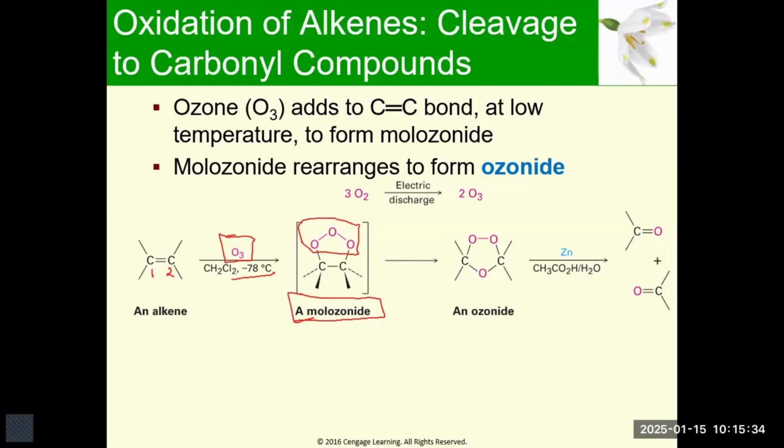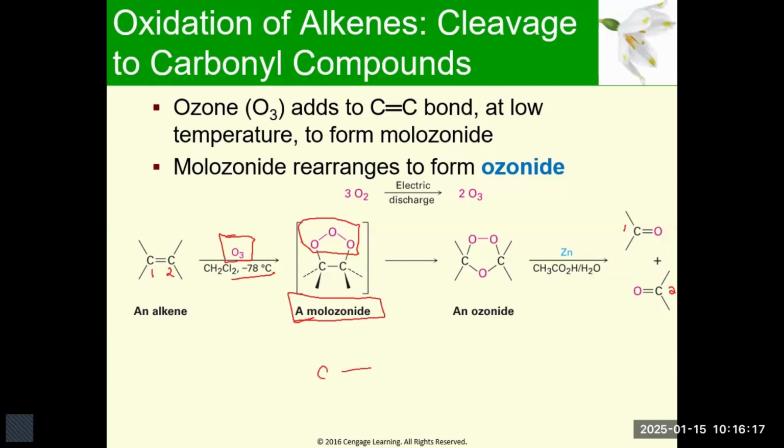And so after this ozonide is created, what you're going to have is now zinc coming in as a second step to actually completely cleave and create two carbonyl groups. And so through these steps, what you're seeing is carbon 1 and carbon 2 being cleaved.